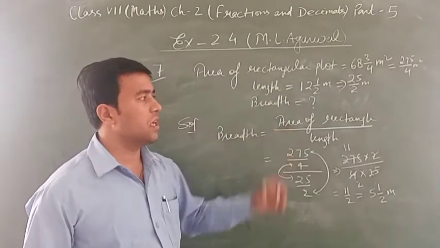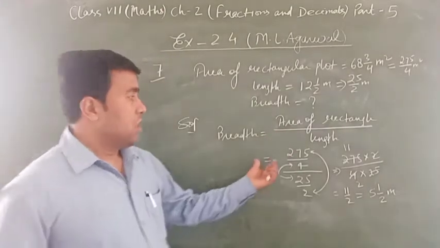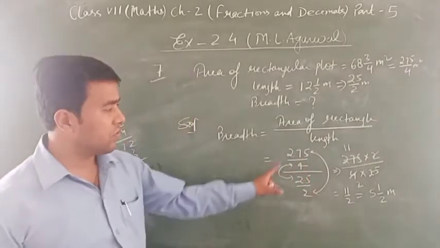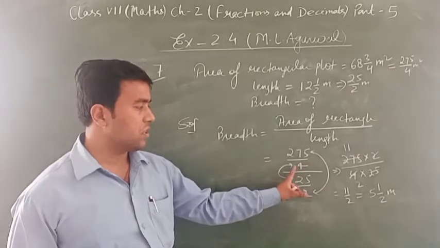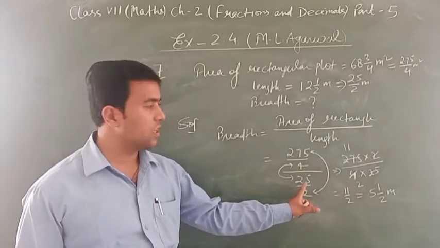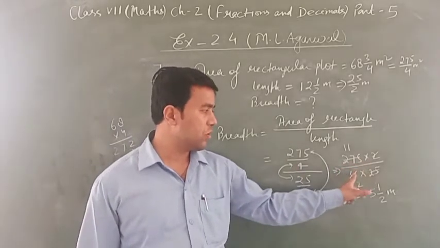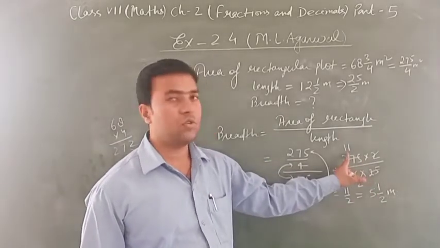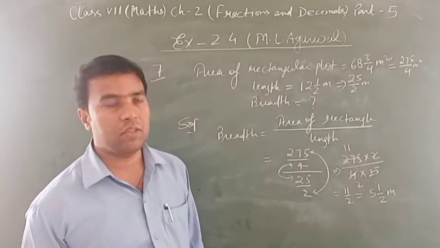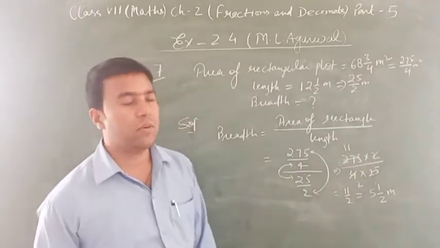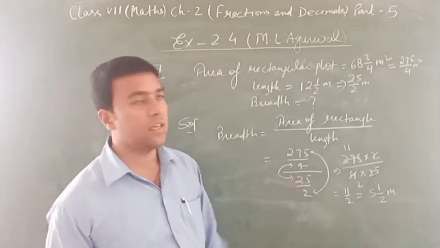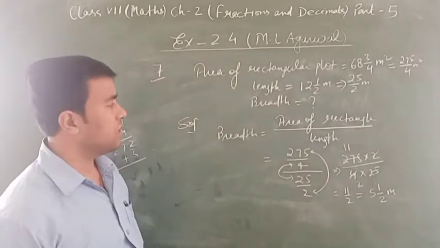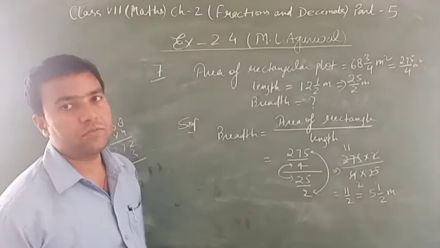Breadth equal to area of rectangle upon length. Put the value of area of rectangle upon length. After that, first multiply last, second multiply third. Clear? 275 into 2 upon 4 into 25. 2 2s are 4, 25 1 is 25. When you divide 275 by 25, you will get 11. 11 by 2 means 5 whole 1 by 2. Clear? It is the value of breadth.